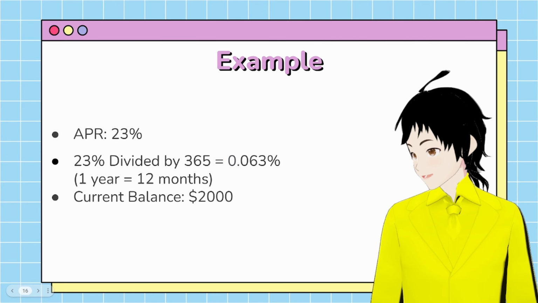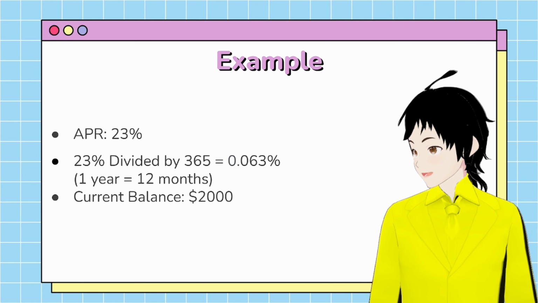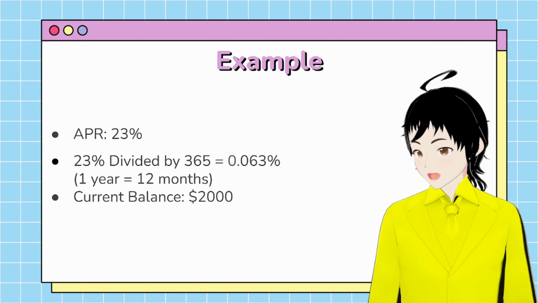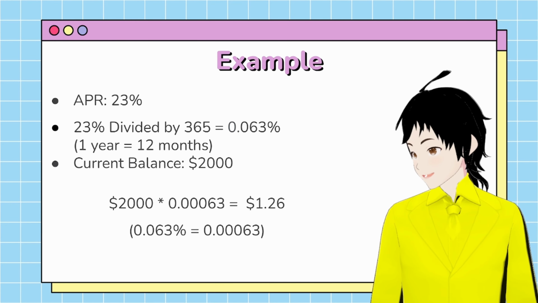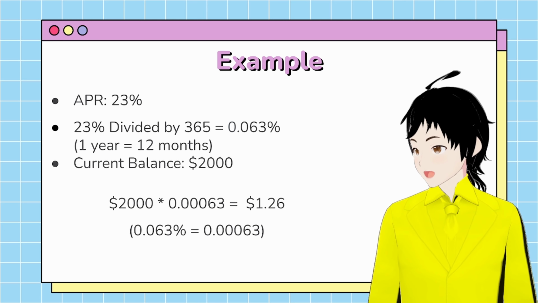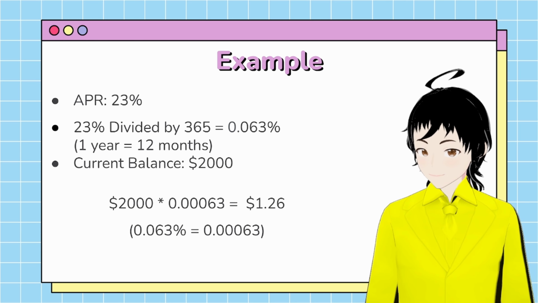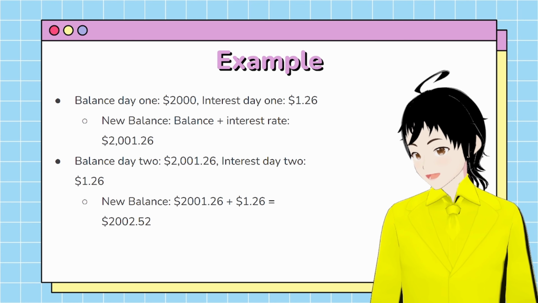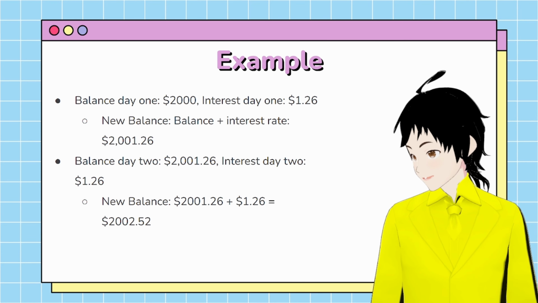This time, let's assume we went wild and we spent a little bit more for a total of $2,000. Like we did before, we're going to take that $2,000 and multiply that by 0.00063, which is from our 0.063%. This totals out to be $1.26. This means that our balance on day one is going to be $2,001.26.